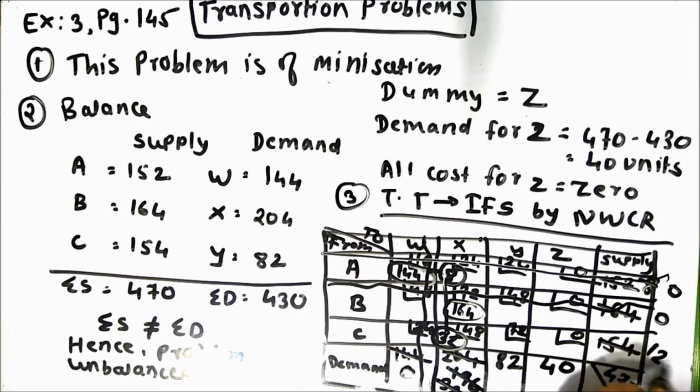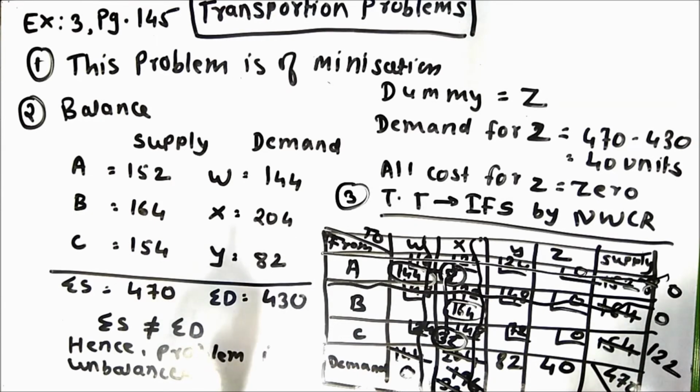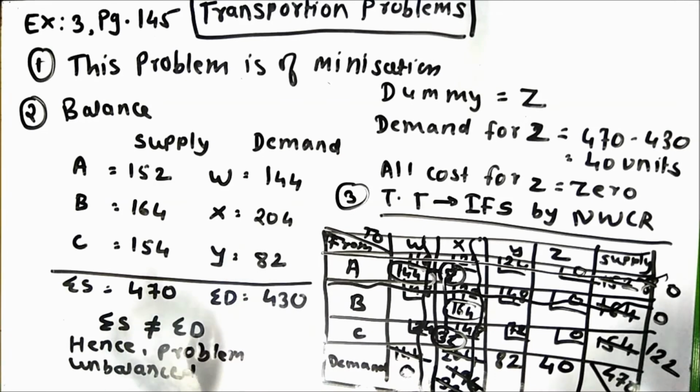So here I'll be writing 122. Okay. Now X has become 0. That means demand of X is fulfilled. So let me cancel this X. Now only Y and Z remain with supply of C.